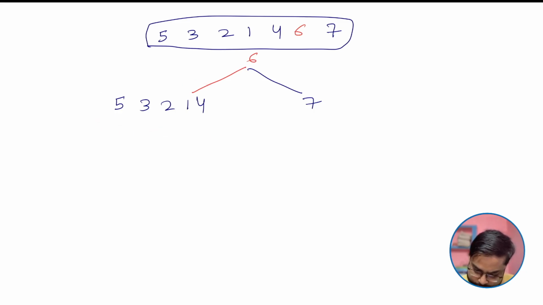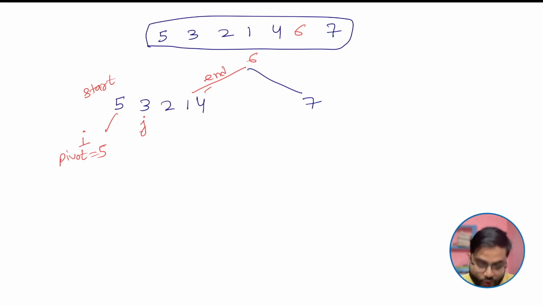So let's say this is start, okay, and this is end, right? Now again take this as I and take this as pivot element. So pivot will be 5, okay, and take j as 3, right?